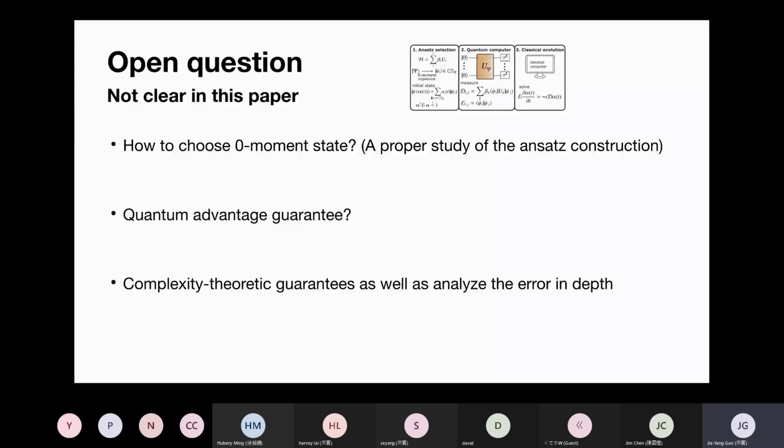And the final part is that the complexity theoretical guarantees as well as the error and depth are also not clear. So I think these are three open questions in this paper, and the conclusion is as I said.